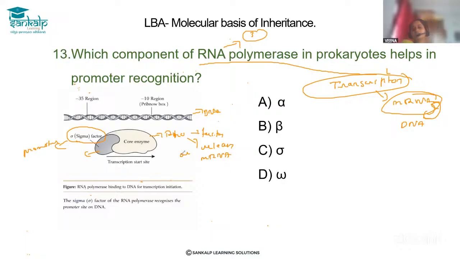Okay, so this is the function of the factors present in the RNA polymerase. So the correct answer is here. Option A is not correct, B is not correct, even D. So the correct answer is C, that is the sigma factor, which helps to recognize the promoter region of the prokaryotes. Thank you.